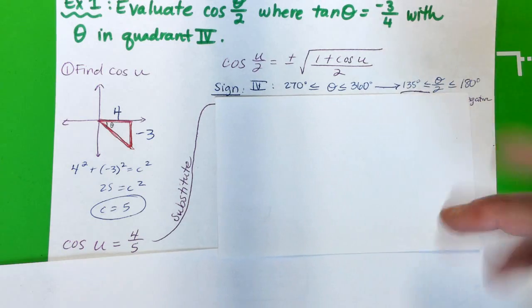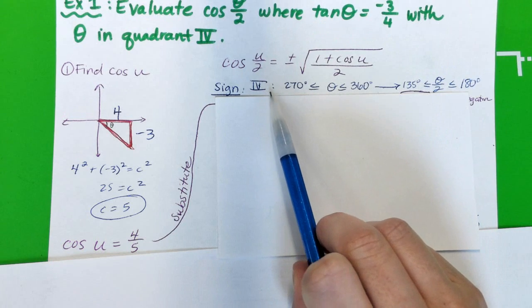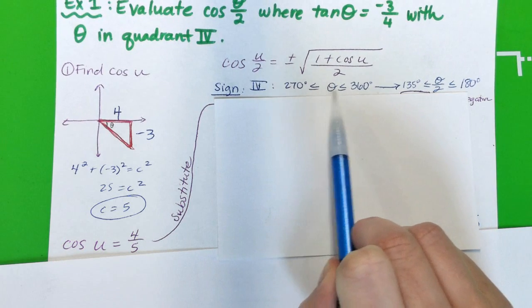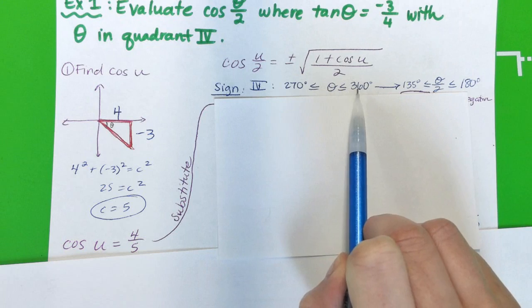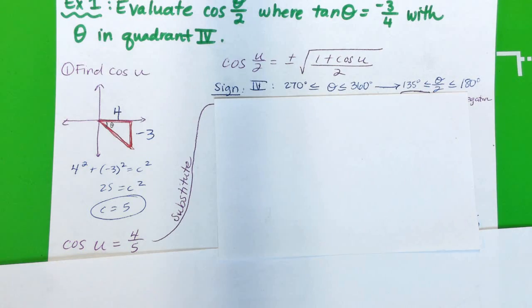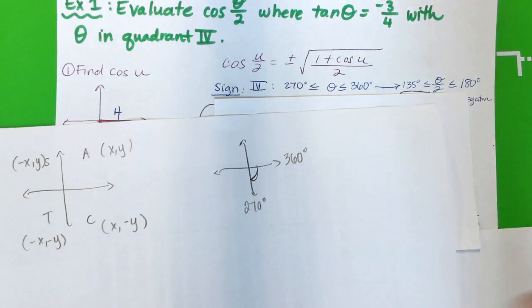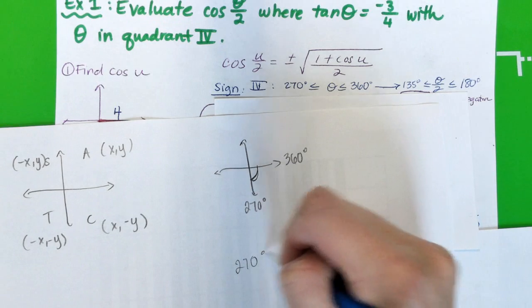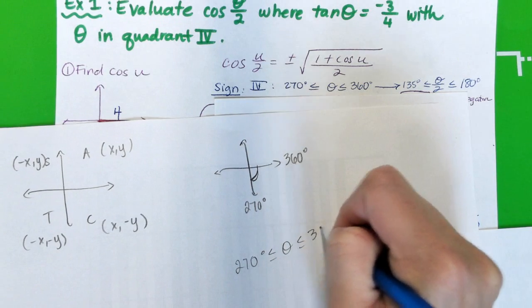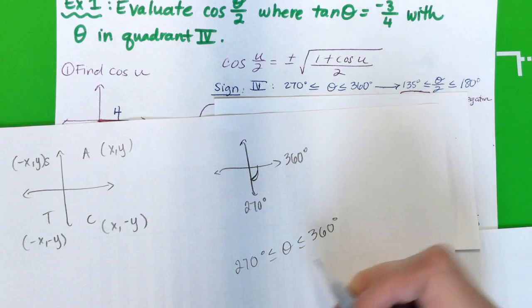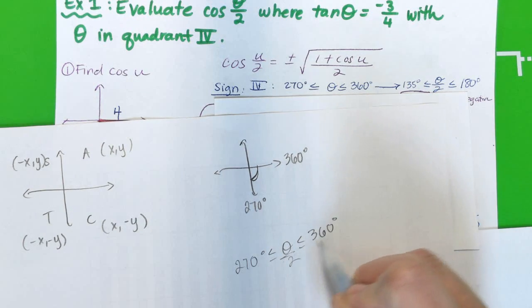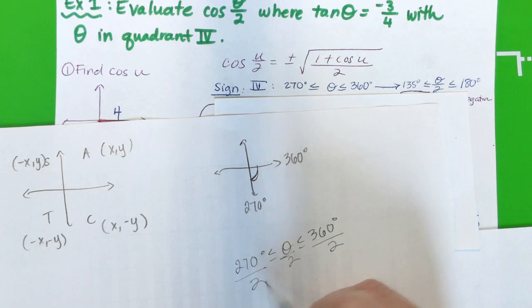Okay, so to figure out what the sine is, we know theta's in quadrant 4, which means it has to be between 270 and 360, but we're trying to find theta over 2. So if I take the 270 and the 360, and I want to find theta over 2, I can just divide all of these by 2.